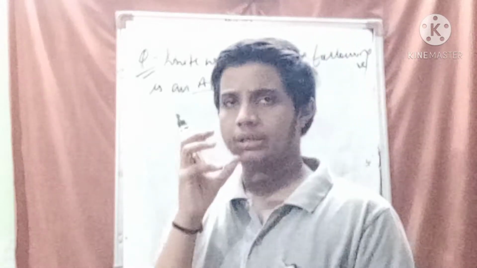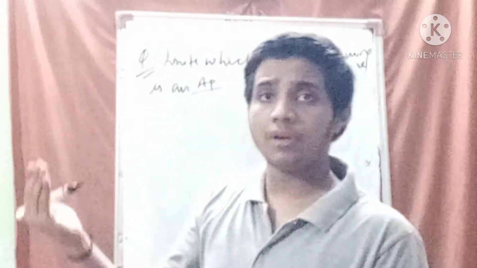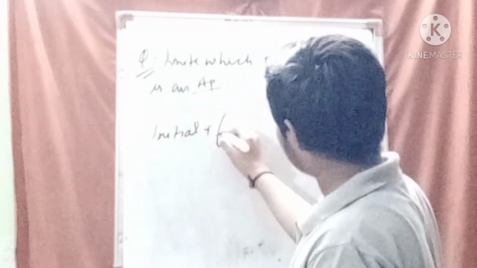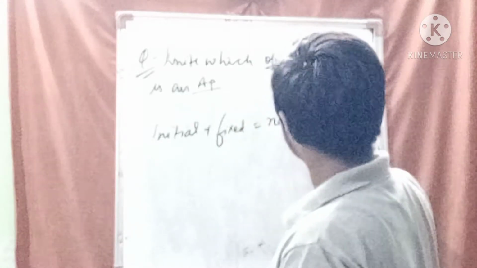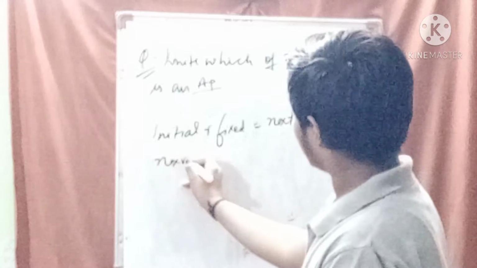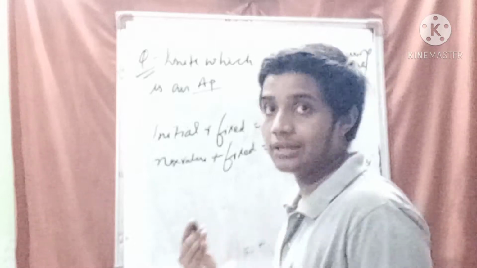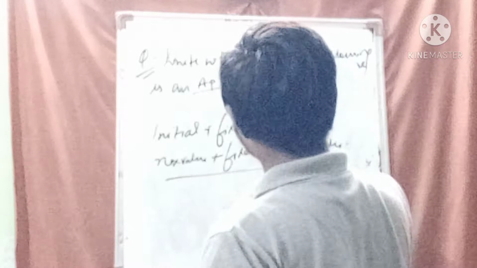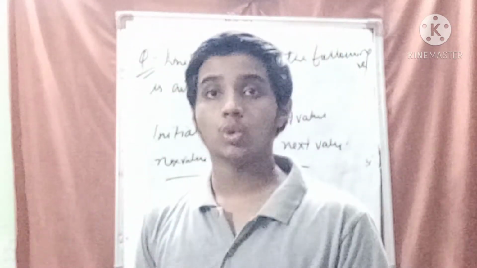So the criteria that is used for an AP is that the initial value should be added to a fixed value to give the next value. Similarly, the next value should be added with a fixed number to give the next value of the next value. So the basic concept here is that you should add a fixed value to it.